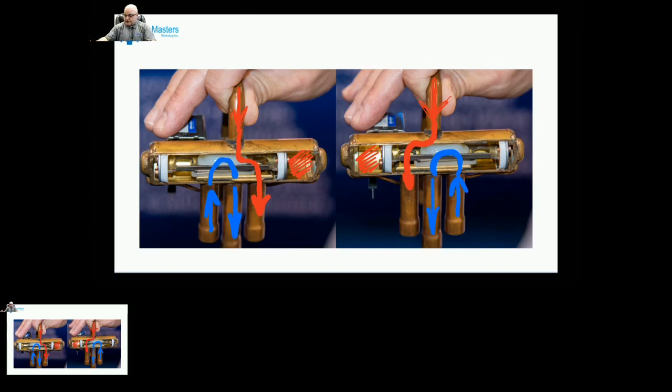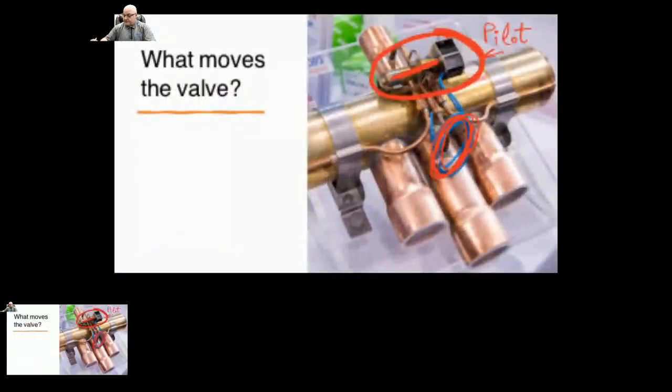If it is directed to the right side here, it is pushing the armature to the left. If the pressure is directed to the left side, it is pushing the armature to the right. And the directing act that I'm referring to is performed by this pilot. This pilot is performing that directing of the refrigerant.